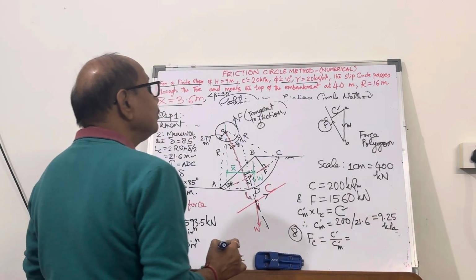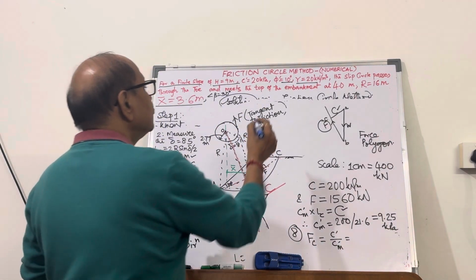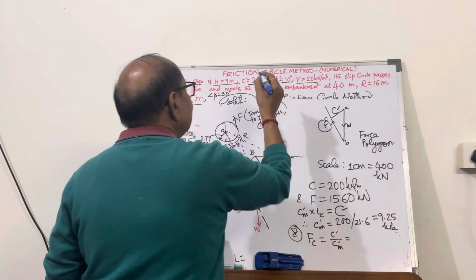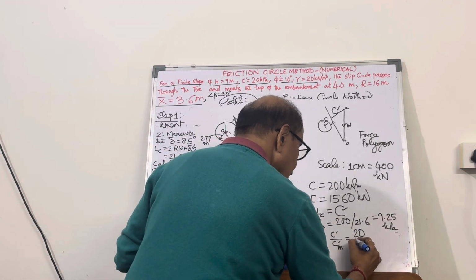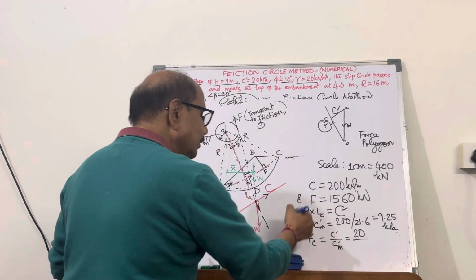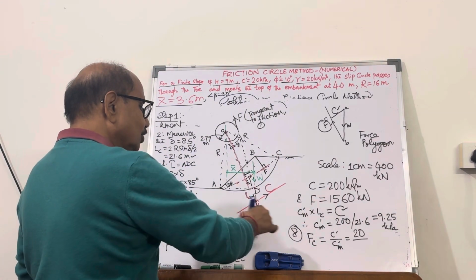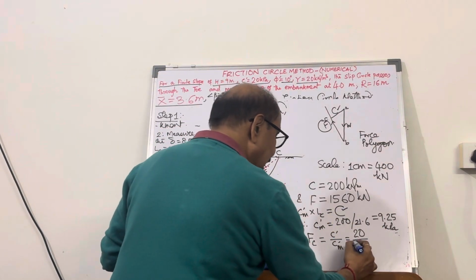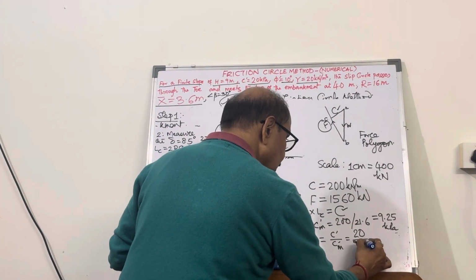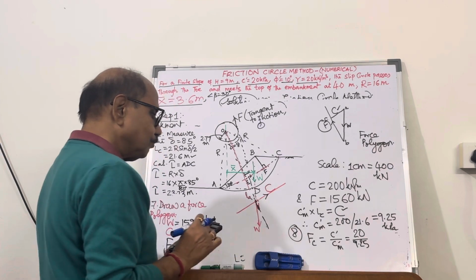Now, C prime given in this problem is 20 kilopascal. And you have obtained by the friction circle method the value of Cm as 9.25 kilopascal.